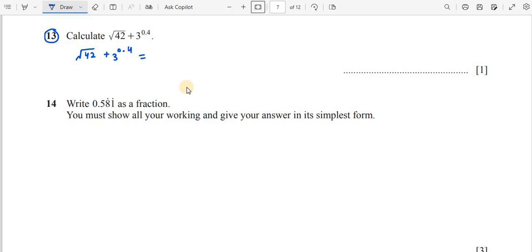Square root 42 is equal to 6.48, plus 3 raised to the power 0.4 is equal to 1.55. Sum of these values we get 8.03. So the final answer is 8.03.